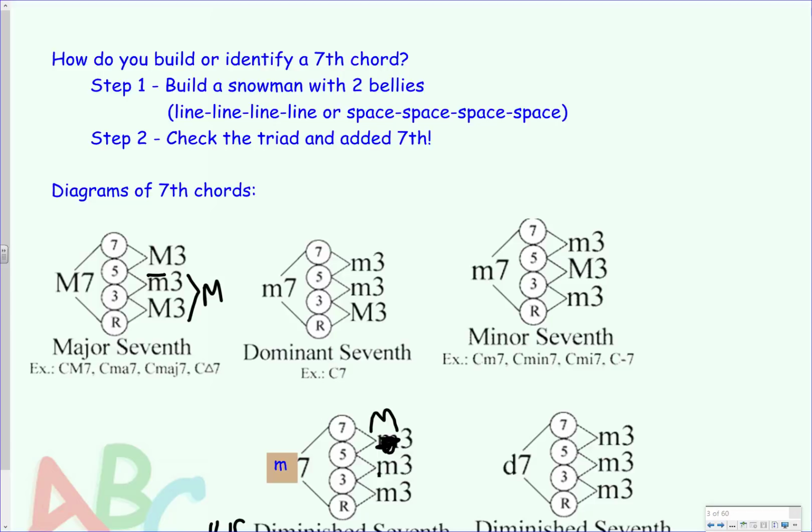So just a quick recap of the major 7th. When you think of major 7th, think of major triad and a major 7th.